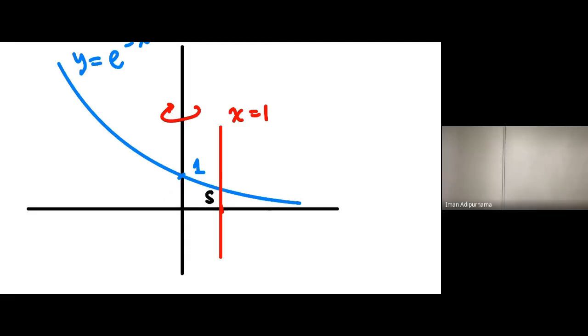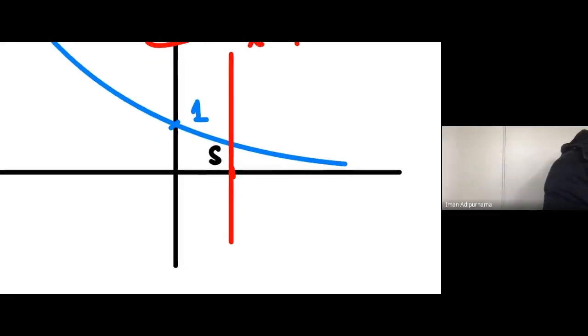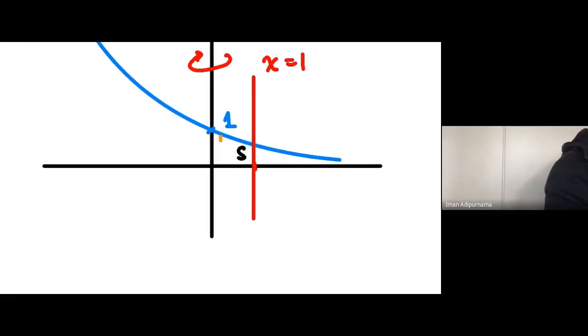If you use this one, you will have this intersection, and you need to know the x and y at this point, so you have two volumes, volume 1 and volume 2. But if you use the shell method, you need only one area to observe. So let's choose the shell method and draw the rectangle like that.